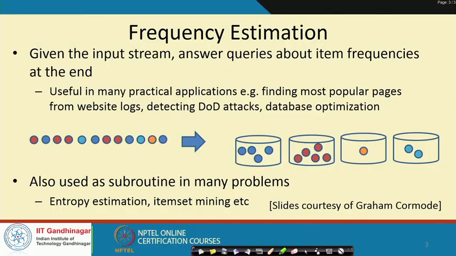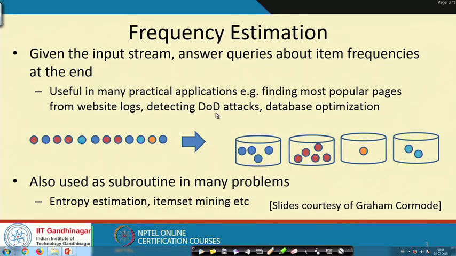A common use is, again bringing back our example of network switches, suppose you are designing some basic analytics tasks to be run on network switches, and one of the most common things that you could try to detect is whether there is a denial of service attack happening. So how would I detect that?